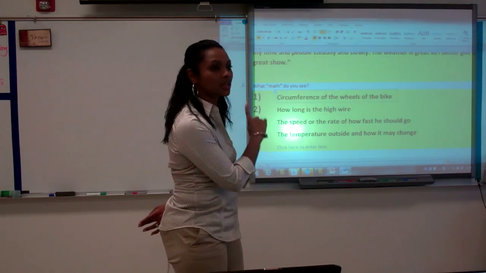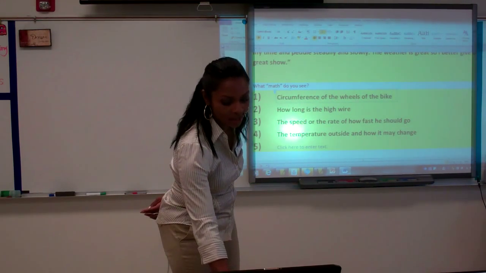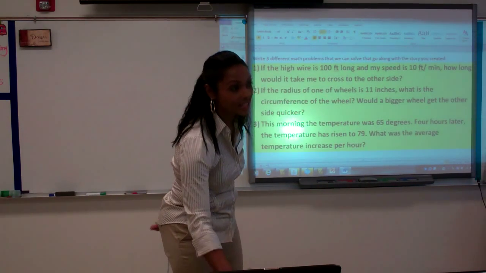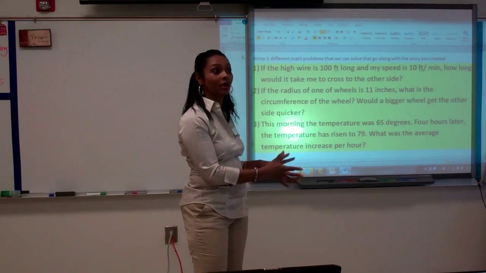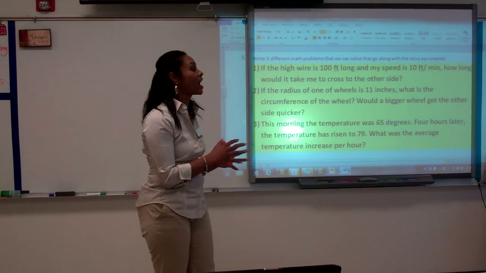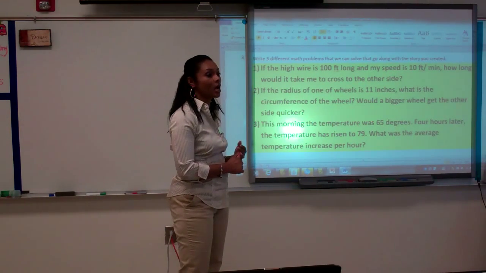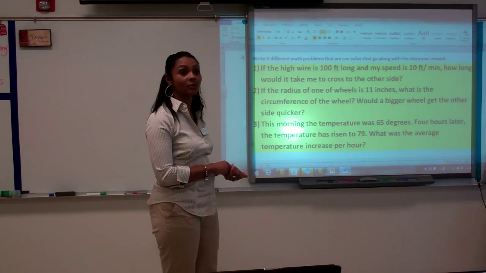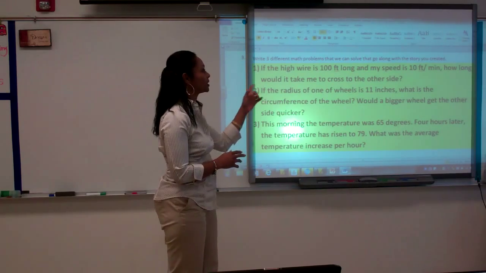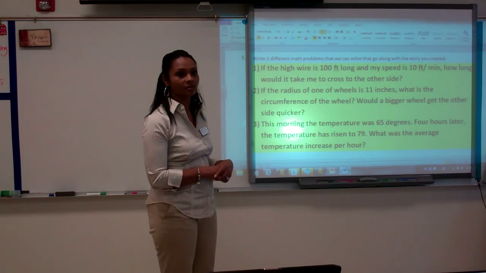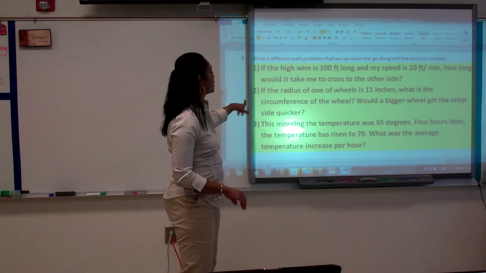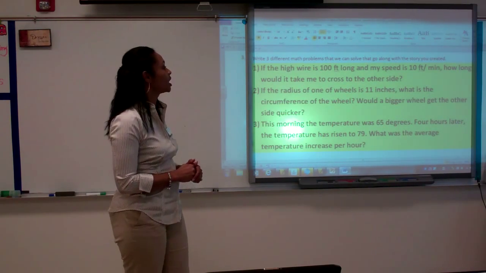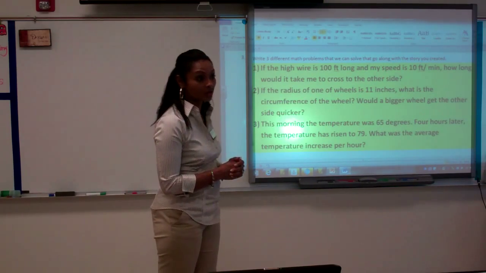All right, and so based on the concepts, I came up with 3 math problems. Okay, that's pertaining to the story. If the high wire is 100 feet long and my speed is 10 feet per minute, that's rates, how long would it take me to cross to the other side? The next one, if the radius of one wheel is 11 inches, what is the circumference of the wheel?